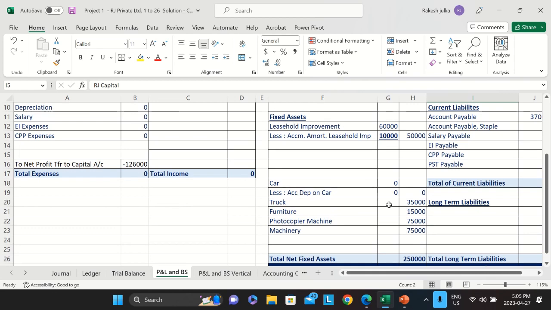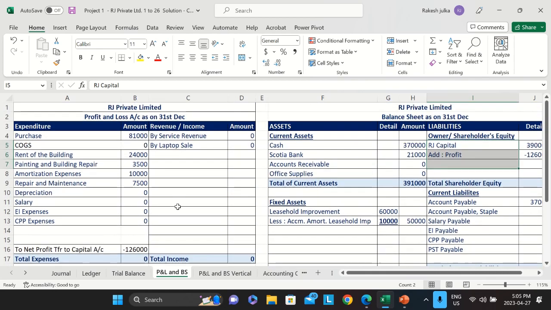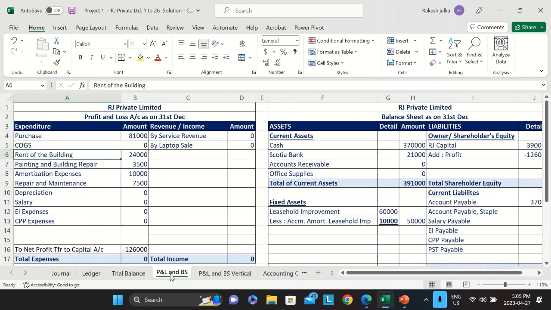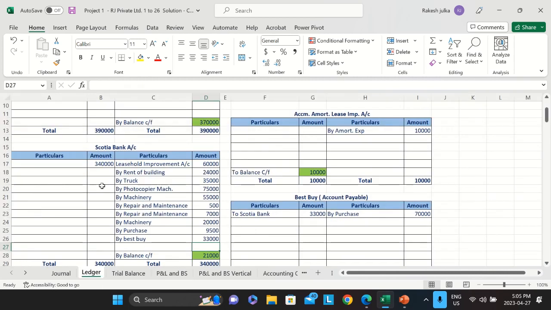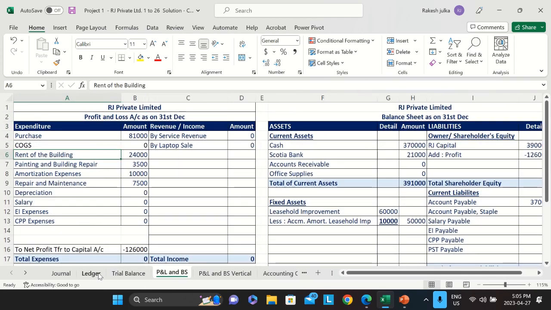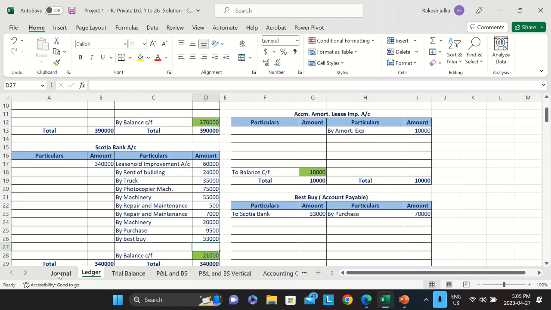I have just written all the assets on the asset side, the liability on the liability side, equity on the equity side, expenditure on the expenditure side, and income on the income side. You can do that at the starting, at the time of creating the ledger. You can make a trial balance and profit and loss account at the beginning as well. Just create a pro forma, and whatever transactions you do here in the ledger will automatically be reflected here and here. So that will be very easy for making all these transactions.